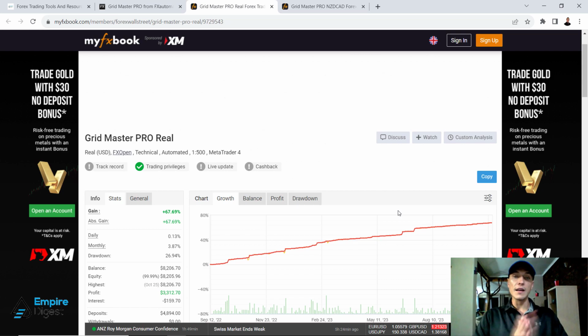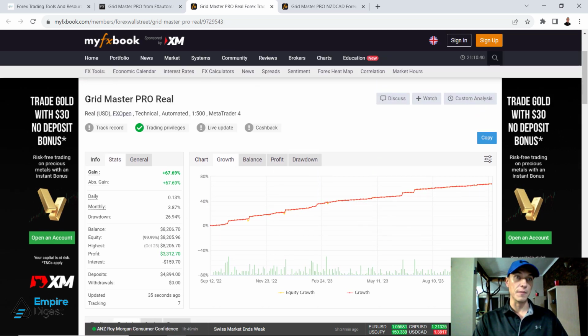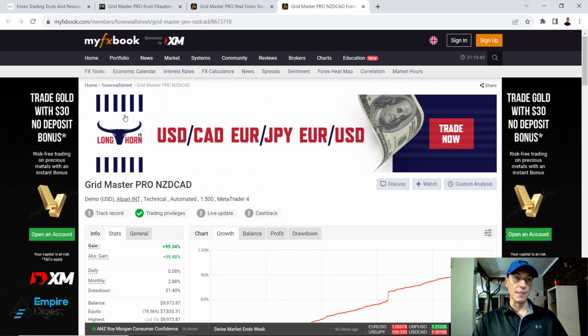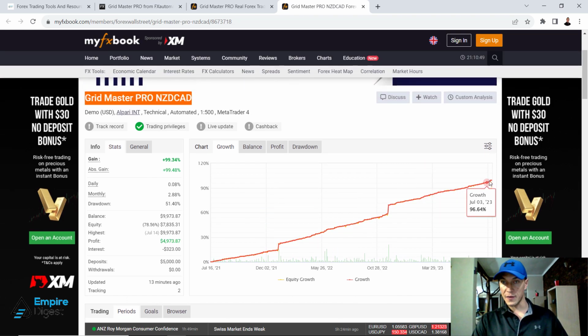Okay, now looking at the chart for both of these, the growth chart, this one's looking very good, and this is the Gridmaster Pro Real. Then looking at the Gridmaster Pro NZD CAD, this one looked very good to me up until I saw this at the end.